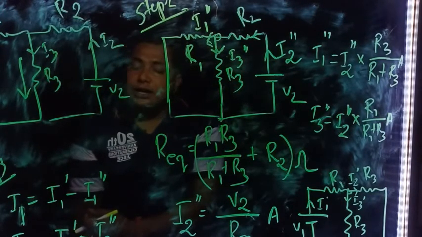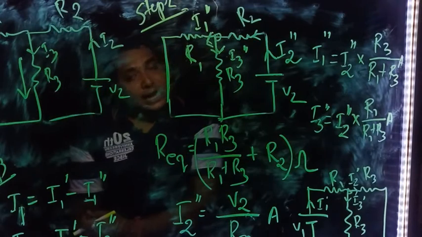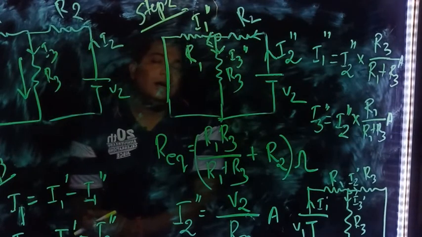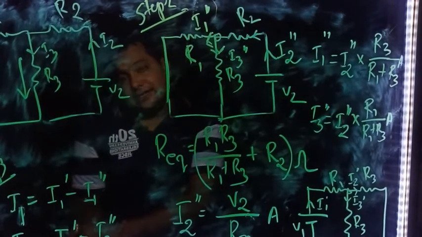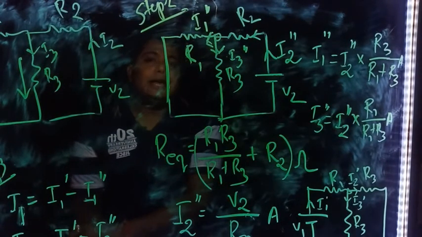That's why we cannot apply the superposition theorem for power calculation. So where can we apply it? We can apply it where we want to find branch currents or branch voltages, and when different kinds of sources are present.